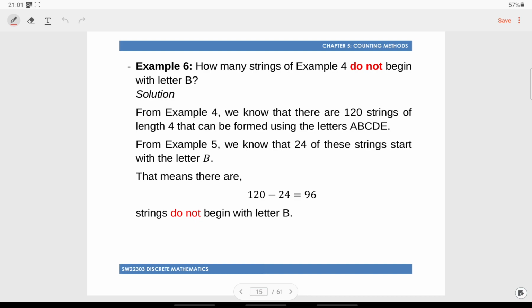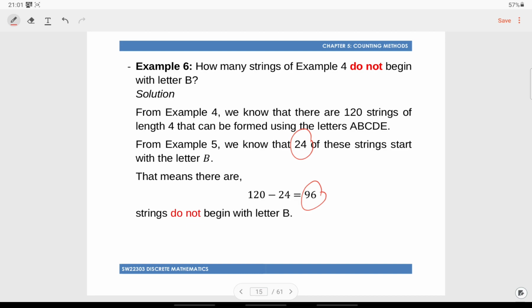So what does it mean? That means if we take out all the 24 strings that start with the letter B, the remaining 96 are the combinations of strings that start with other letters.